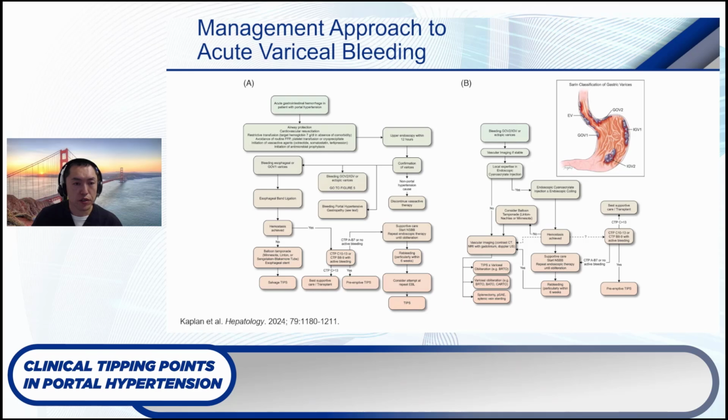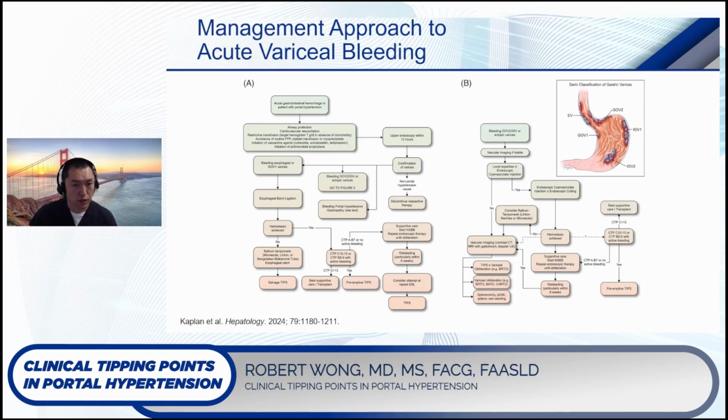This figure here just sort of summarizes big picture approach, how we manage acute variceal bleeding. We're going to go into some of these steps in more detail in the subsequent slides, but the key points here are: one, when a cirrhosis patient presents with acute variceal bleeding, there are some foundational treatment approaches that apply regardless of the location.